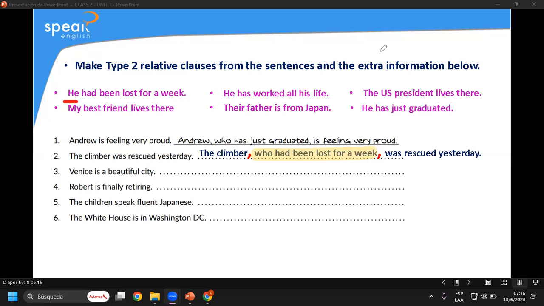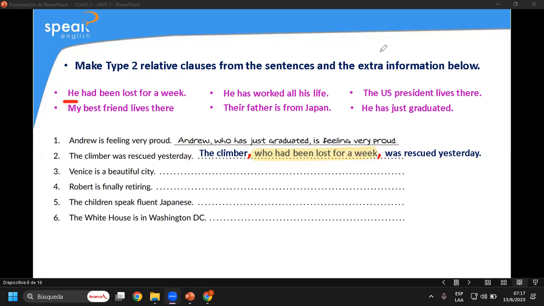I think my best friend lives there. Okay. And with the connector, it could be Venice, it's a beautiful city. Where. But you got the idea. Venice is a beautiful city where my best friend lives.